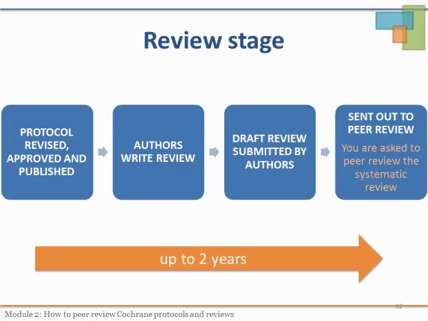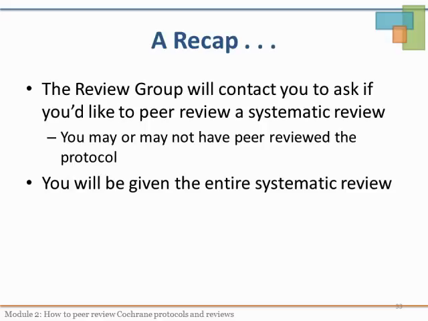Just to review the steps once again, the protocol is revised, approved, and published. Authors write the review. The draft review is submitted by the authors. The draft review is sent out for peer review. You are asked to peer review the systematic review. So again, what happens?